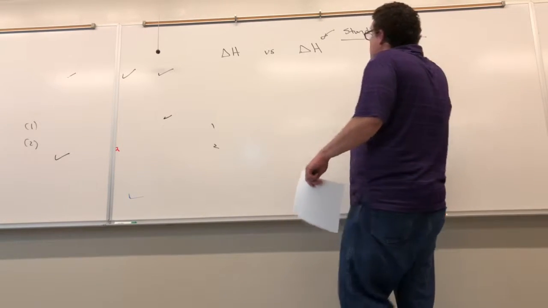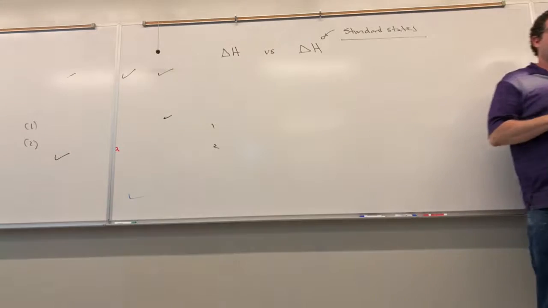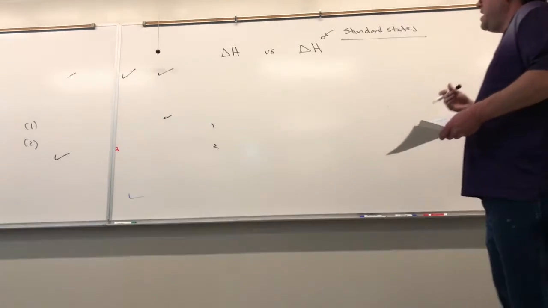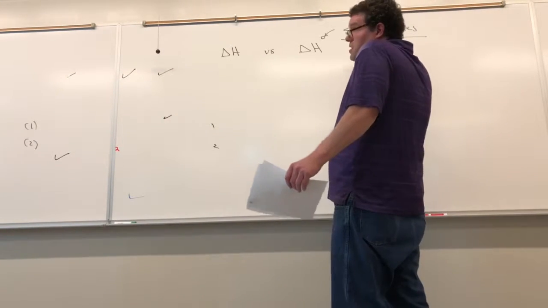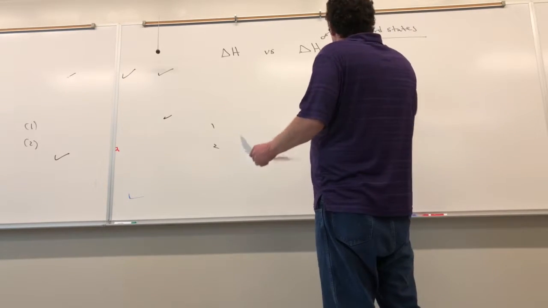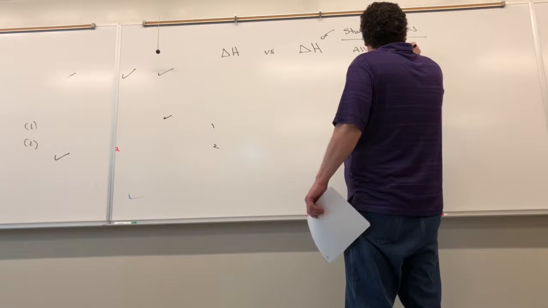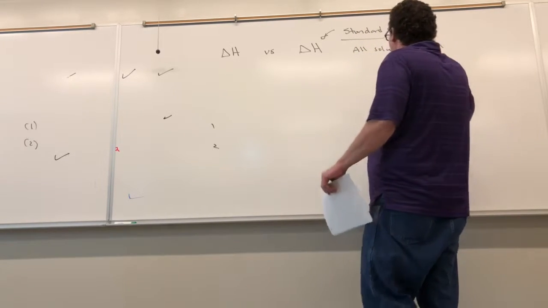Okay? Standard states. Meaning there are values that you can look up in the back of the book that tell you how much enthalpy is associated with the generation of that molecule from its elements, okay, under these standard state conditions. That is, all solutions are run at 1 molar concentration.